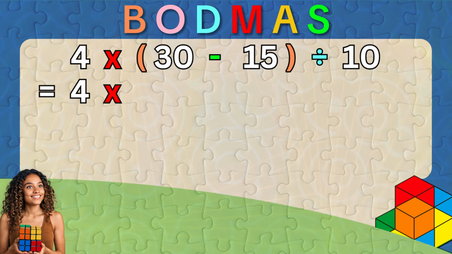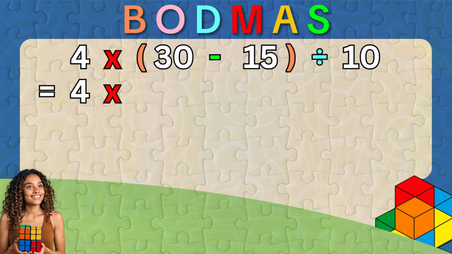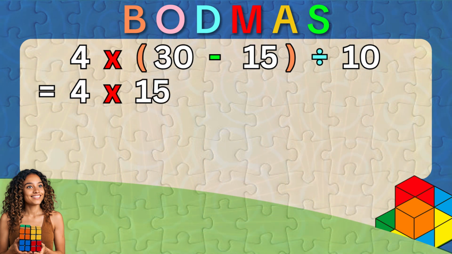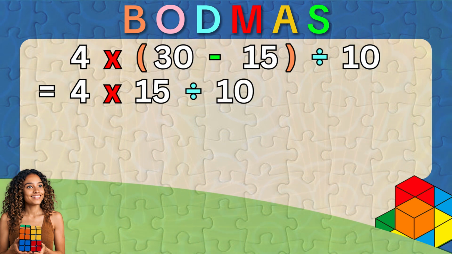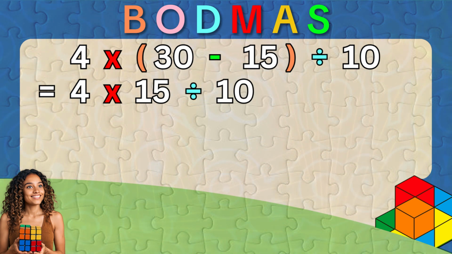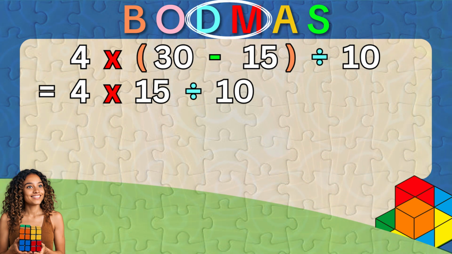Then let's do the equation that's in the brackets. And that's 30 minus 15, which is equal to 15. And let's write that down. And then let's complete the simplified equation by writing down the divided by 10. So now in the simplified equation, we only have multiplication and division.